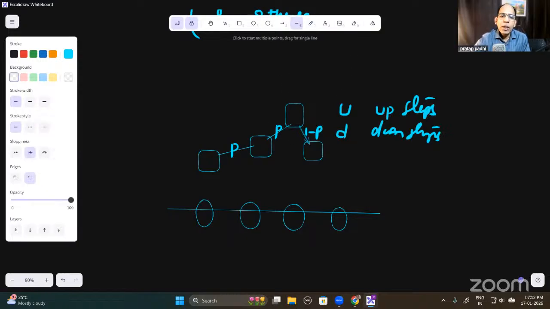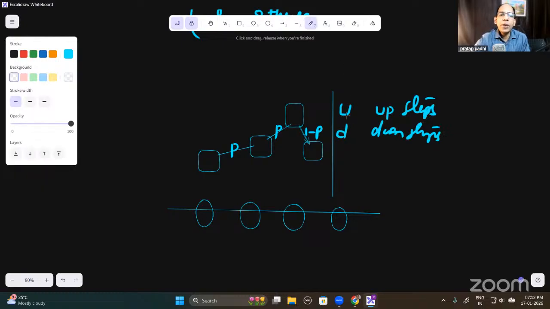But u steps in total, u up and d down steps. So every time you win, there is a probability p, and you go down with 1 minus p probability. Okay, these are the probabilities. So out of n steps, you have to win u up steps. That's winning: p power u, q power n minus u.